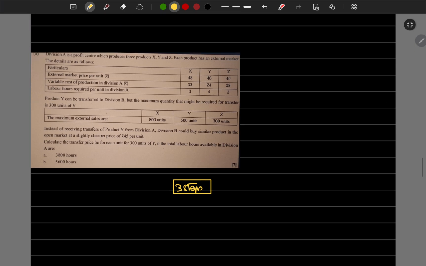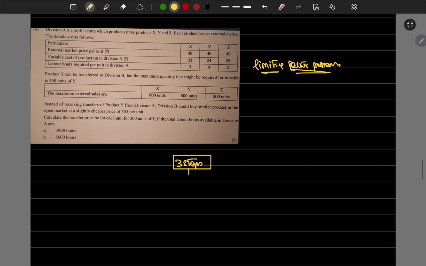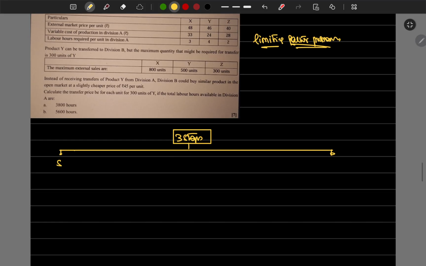This problem is a limiting factor problem. For limiting factor kind of problems, you can apply these steps. Step 1, step 2, step 3.